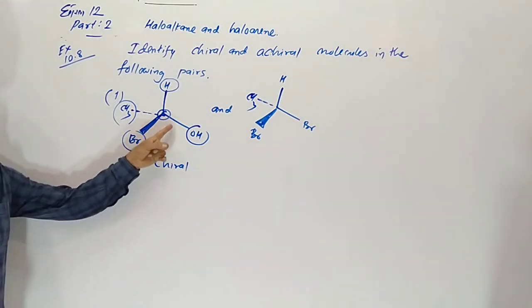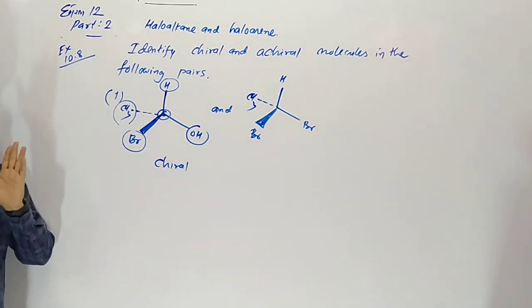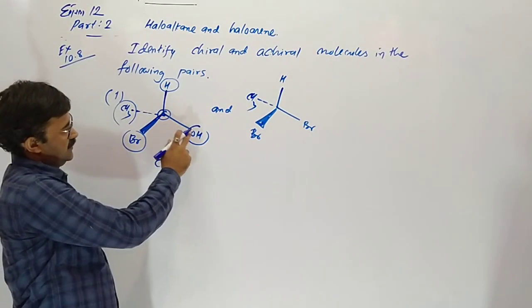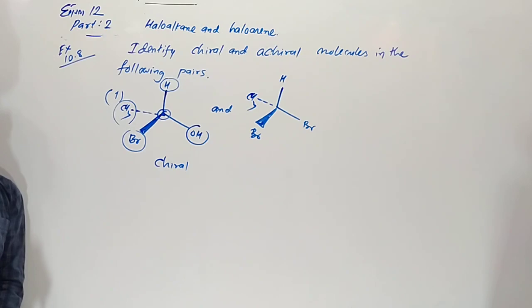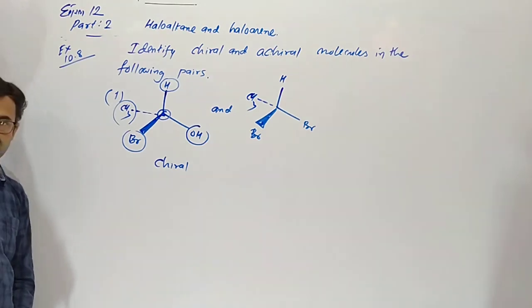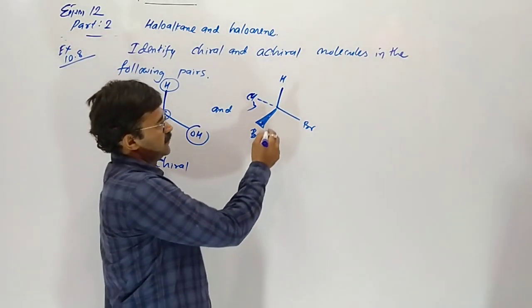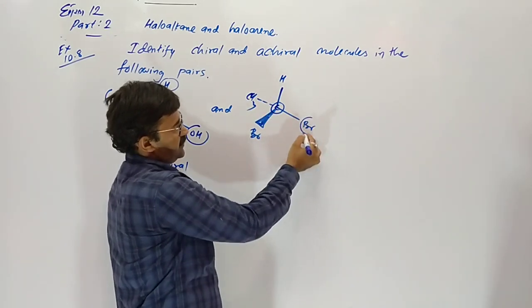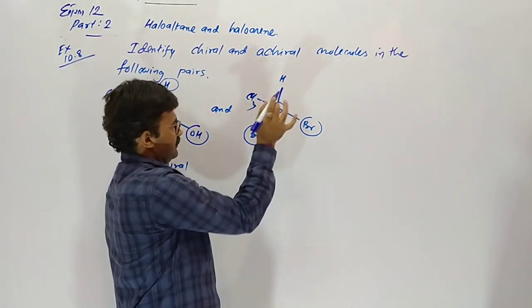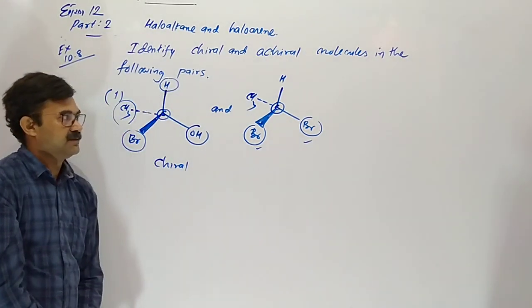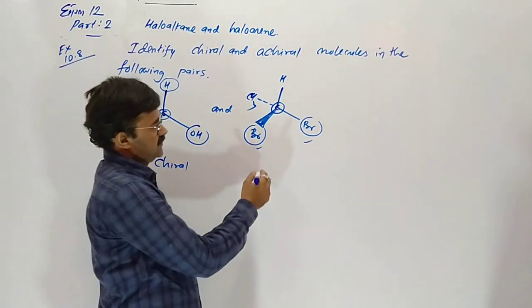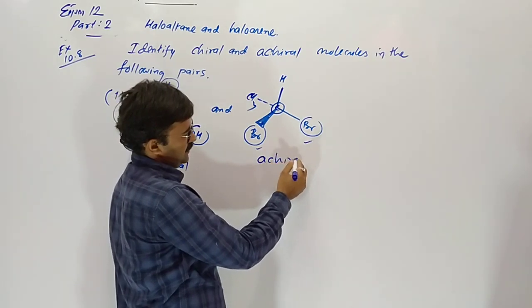So the carbon has four single valencies and all the 4 groups are different, so we can say the molecule is chiral. Yes. What about this one? Here valency is 4, no problem, but 2 bromides are there which are the same, so this is achiral.